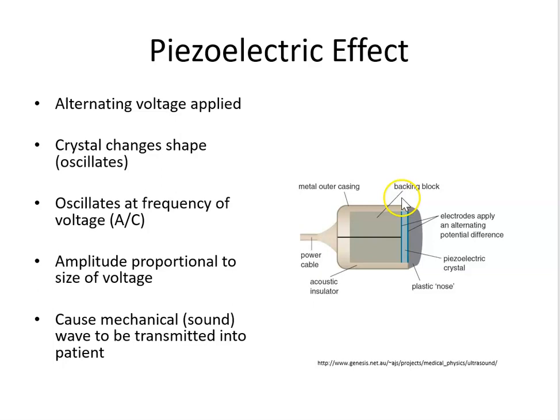On this array here, there may be 128 or 256 individual piezoelectric crystals, and they will be fired in turn to give a series of sound waves, and then those sound waves will be reflected back to the transducer, and they will be detected using what we call the reverse piezoelectric effect.